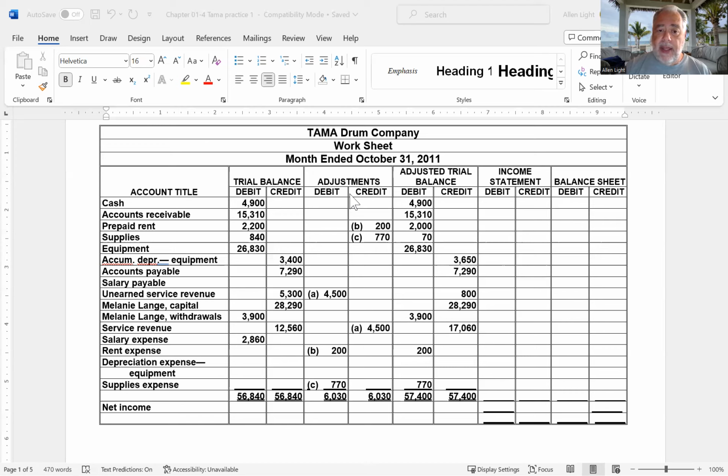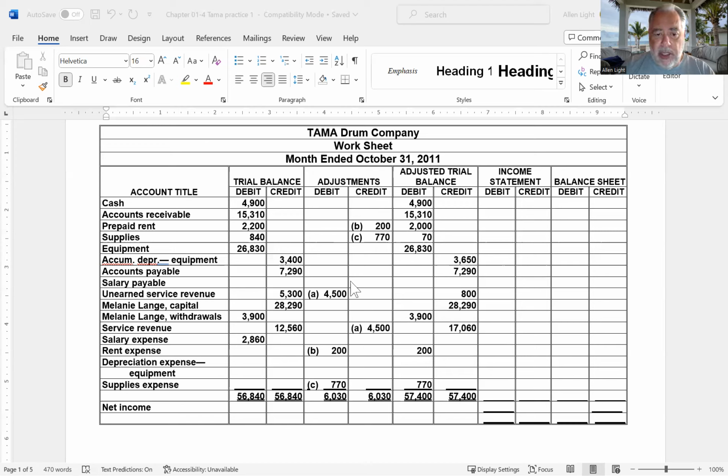So that means that there might be things that we haven't paid on, things that we haven't received, but technically the expense has occurred or the revenue has been earned, so we have to recognize it anyways up to that last minute. So that's what adjustments are, and we'll talk about those in 3.